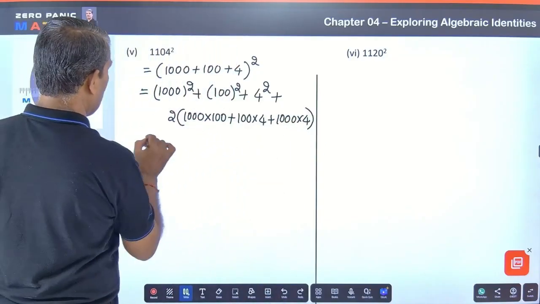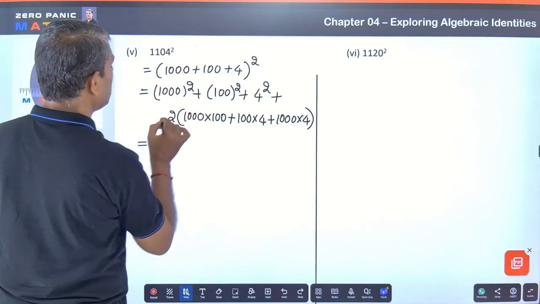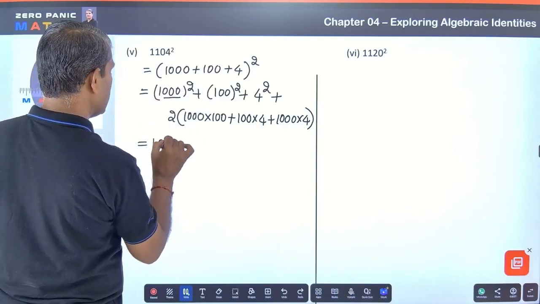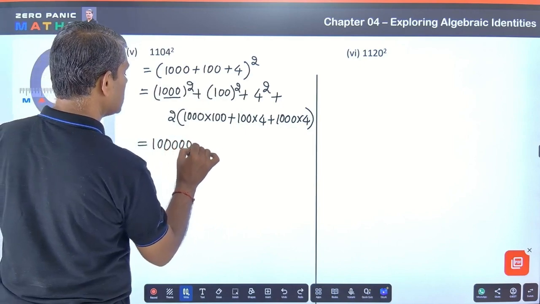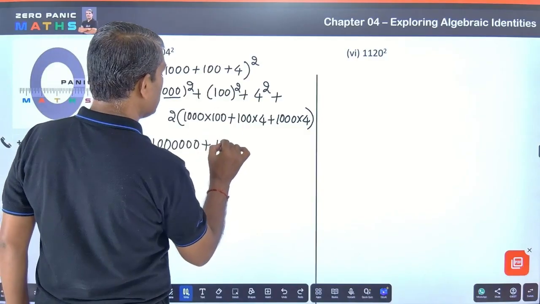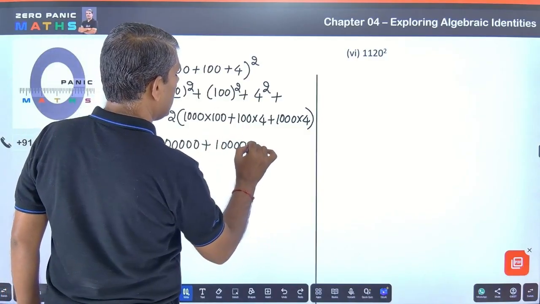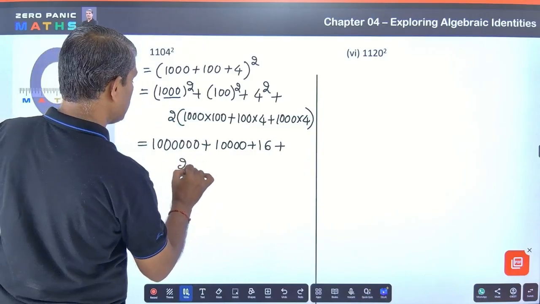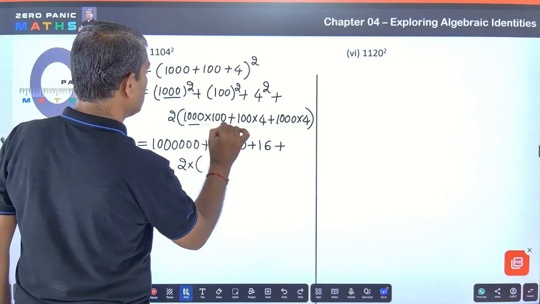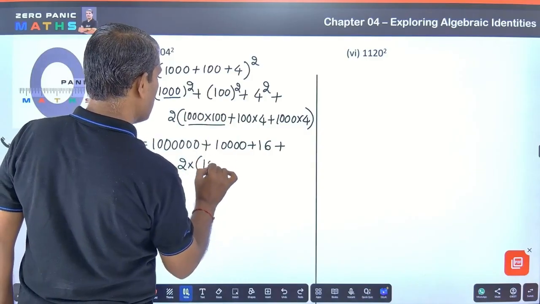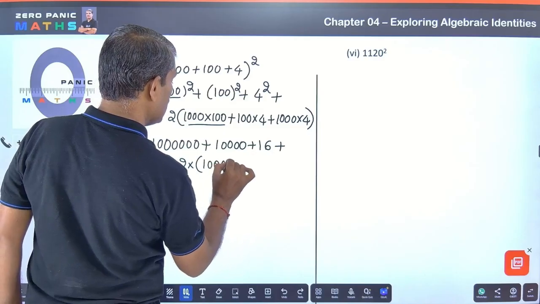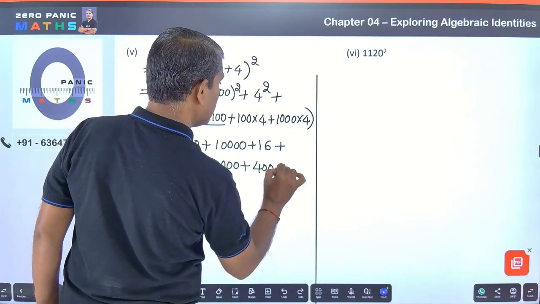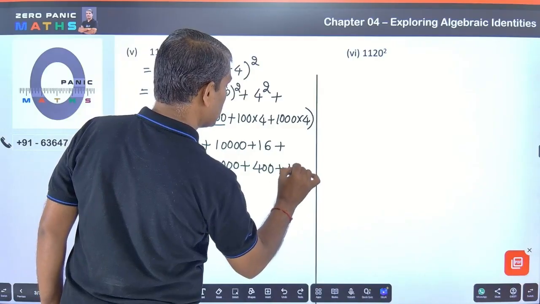So the square of 1000 is 1 followed by 6 zeros, 3 4 5 6, it is 1000 square. 100 square is 1 followed by 4 zeros and 4 square is 16, and plus 2 times whatever value that you get inside, 1 followed by 5 zeros, plus 100 into 4, that is 400, and 1000 into 4, that is 4000.